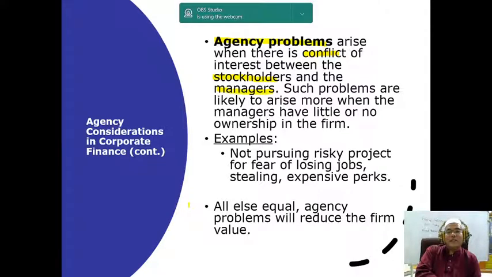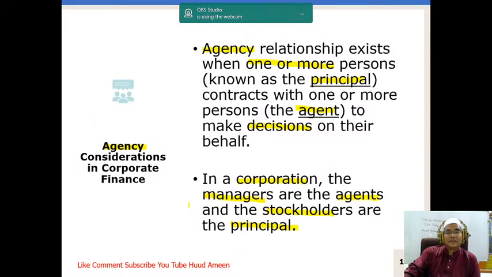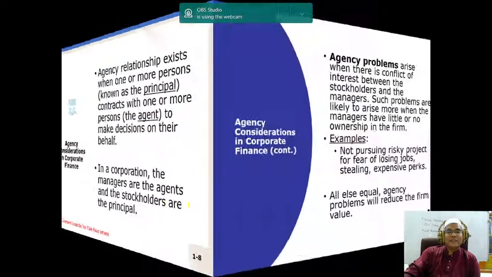For example, Pemodalan Nasional Berhad owns ASB, which has millions of stockholders, and the managers are the agents. The stockholders are called principals.